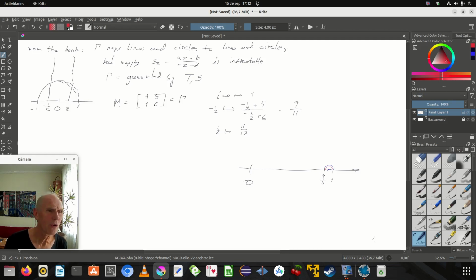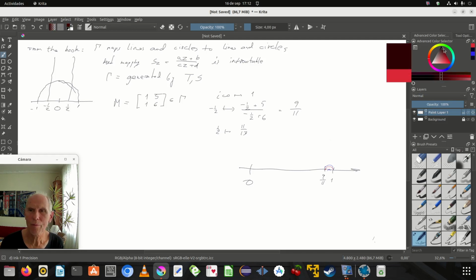And then the circle here, how does that map? So we have to find out unity maps to 1 plus 5 divided by 1 plus 7. That's 6, that's 3/4. Just like here. And minus 1 maps to 4/6.